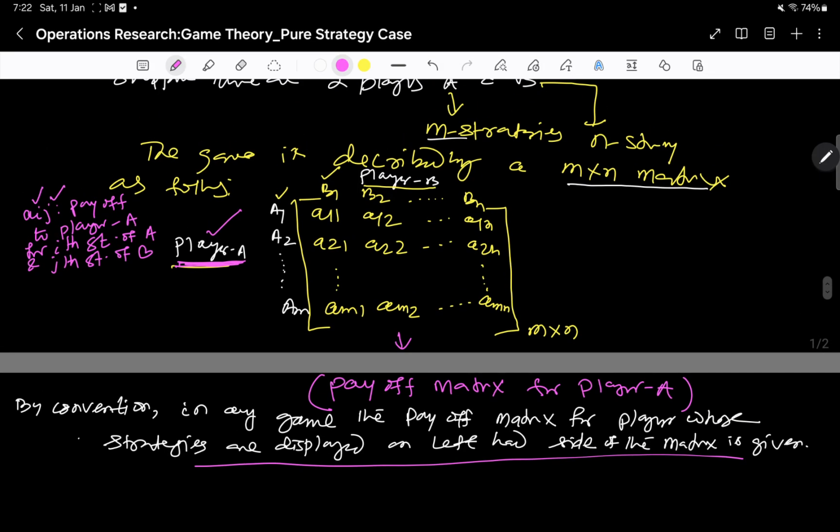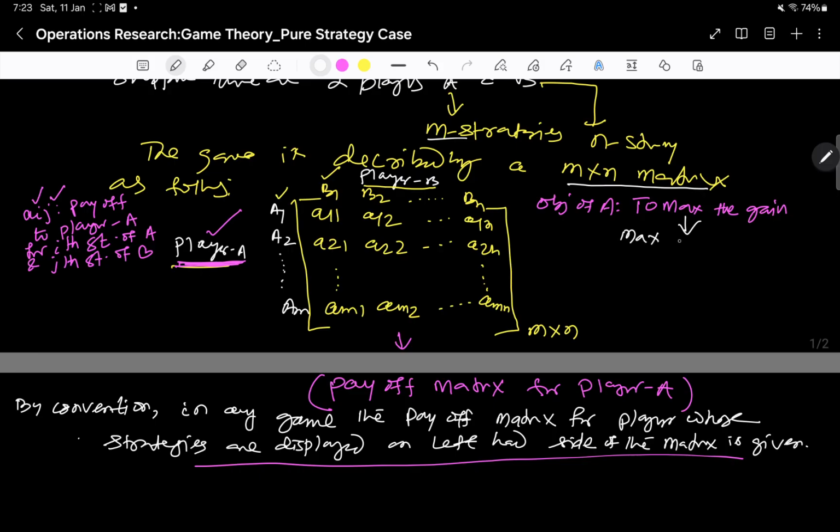So now what is the objective of A? The objective of A is to maximize the profit, to maximize the gain. In particular, player B is not going to be silent.